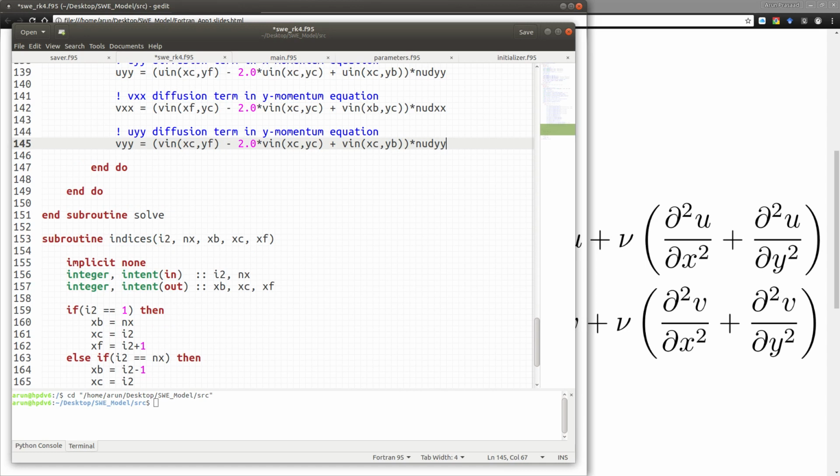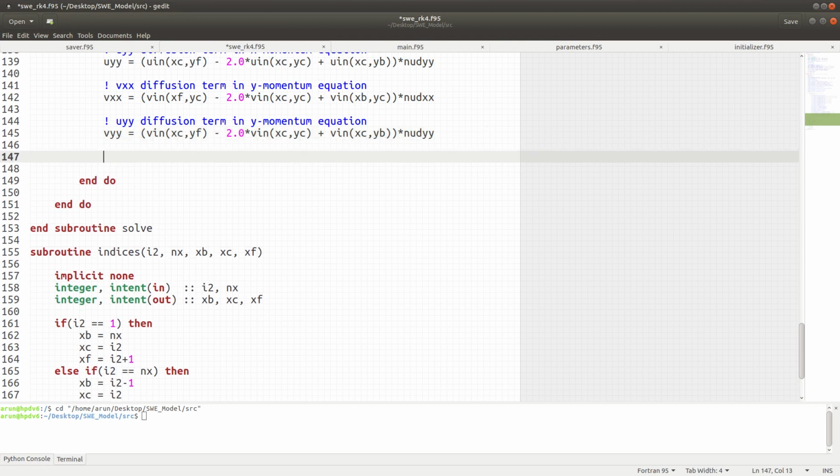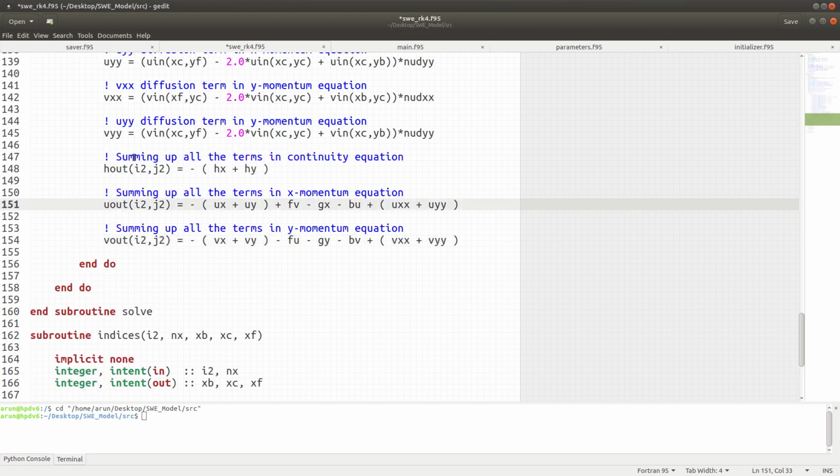The final thing you have to do, to get the slope function, is sum up all these terms. The summing up is the easiest part of it. So I'm going to copy and paste these up there. So h out is actually ∂h/∂t, which is minus of hx plus hy.